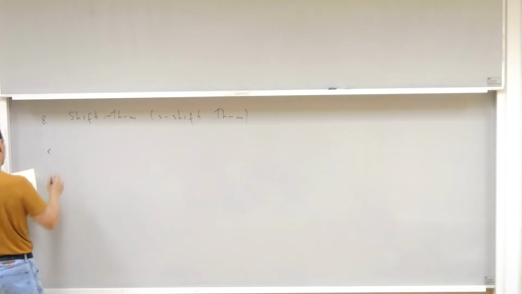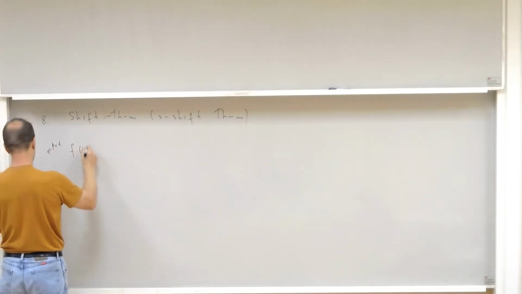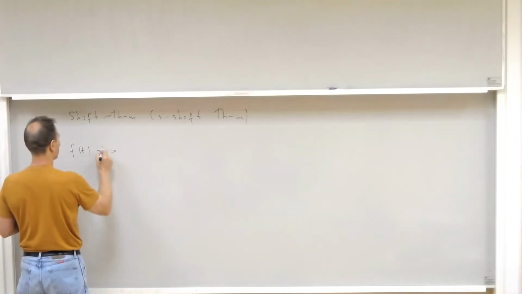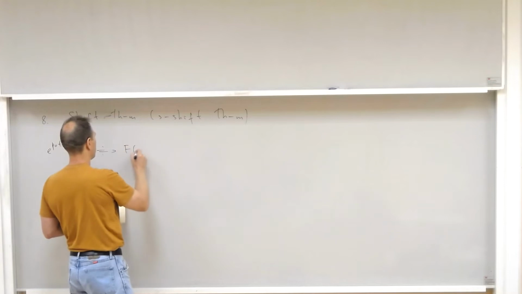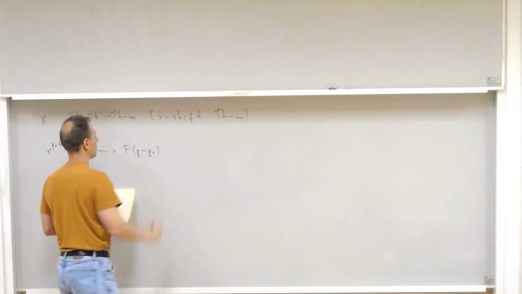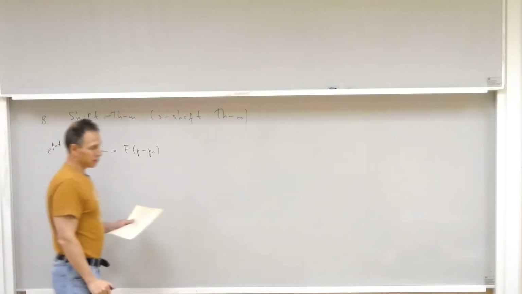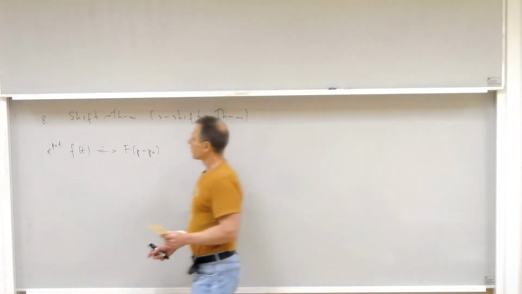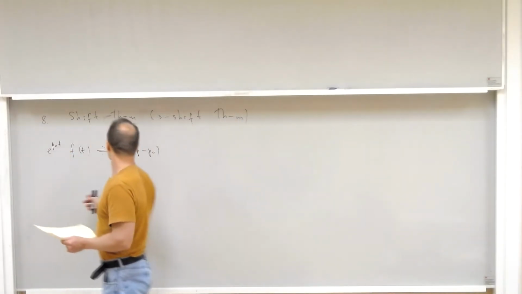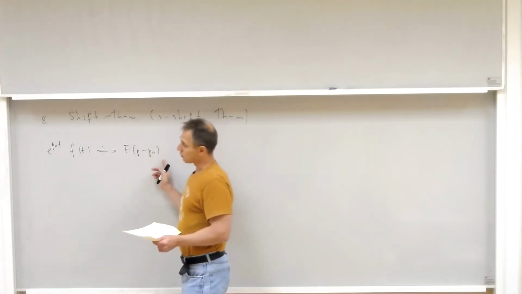It says that the Laplace transform of such a combination is equal to F large depending on p minus p0, that is, multiplication by such an exponent effectively shifts the argument of the Laplace transform.